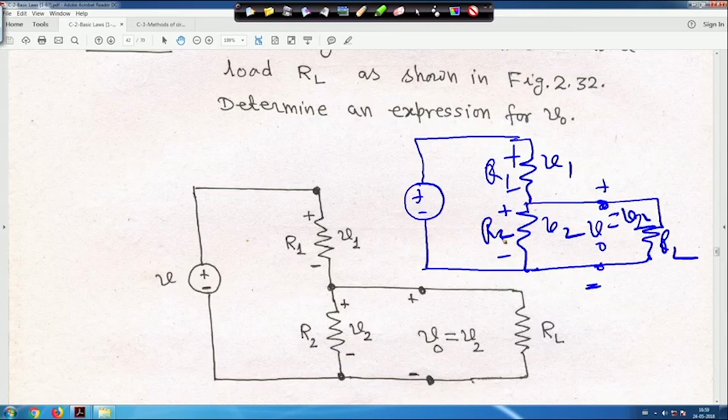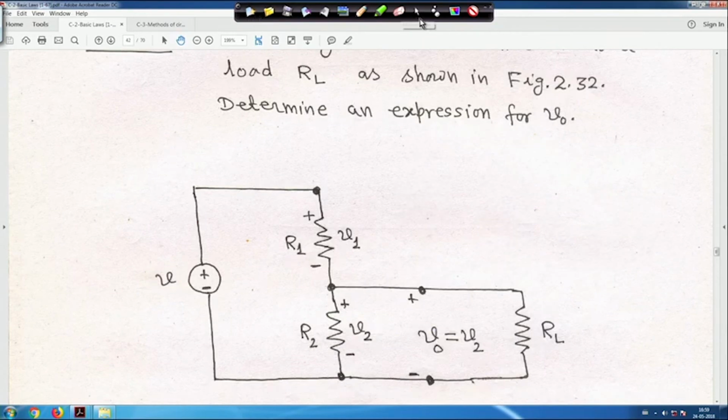So, naturally whatever voltage will be there across RL, it will be the same voltage as V2. So, across RL the voltage is V0, and it is connected across R2. So, V0 is equal to V2, right. So, this is the circuit given. Let me clean it. So, this is the problem.